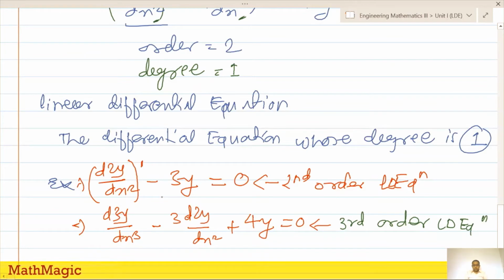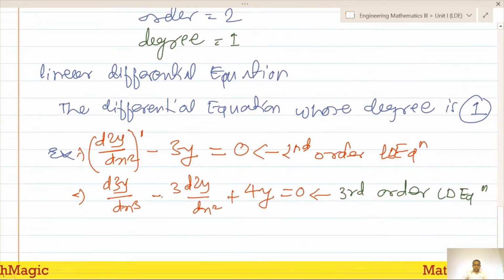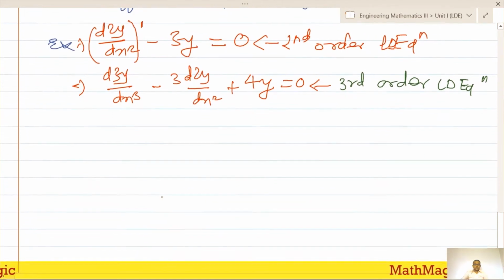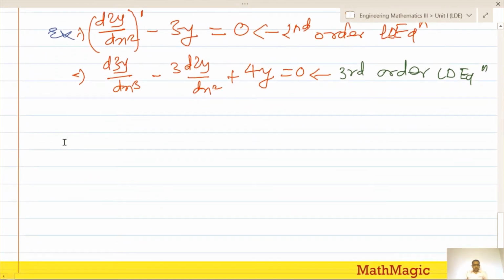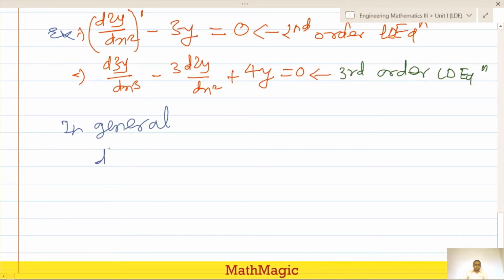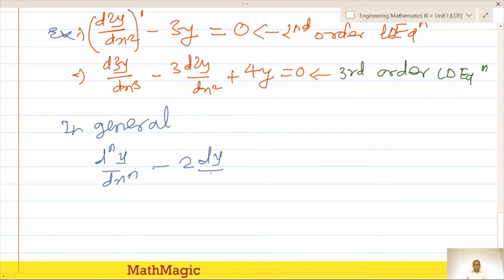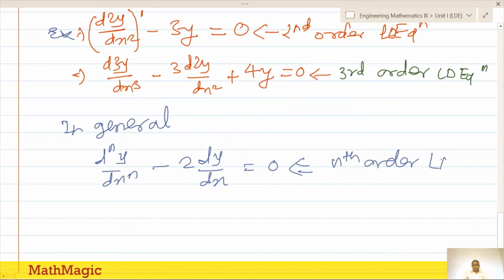And in general, if we increase the order, we get an nth order linear differential equation. In general, if the order is n, d raised to n y by dx raised to n minus 2 dy by dx and so on, equal to 0. This is an nth order LDE. That is the definition we have now come to know.